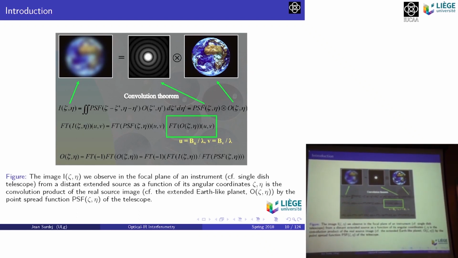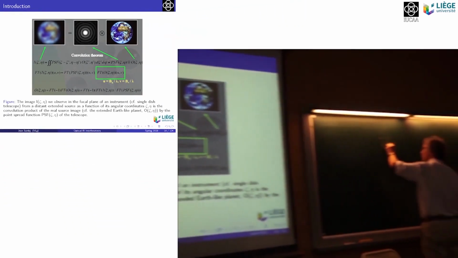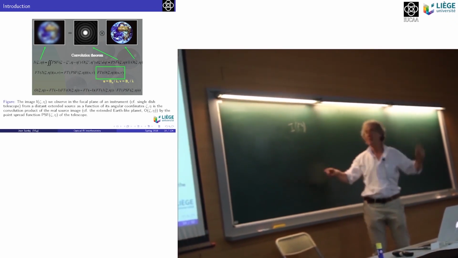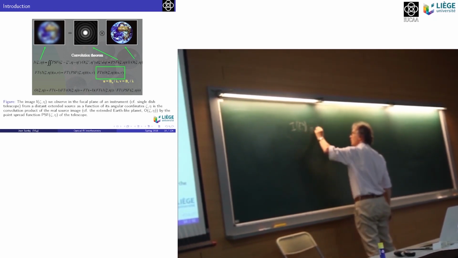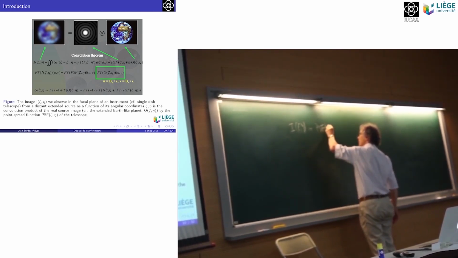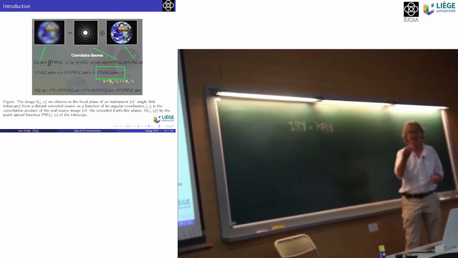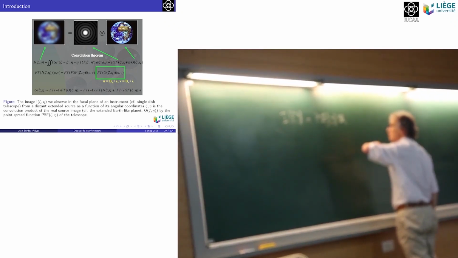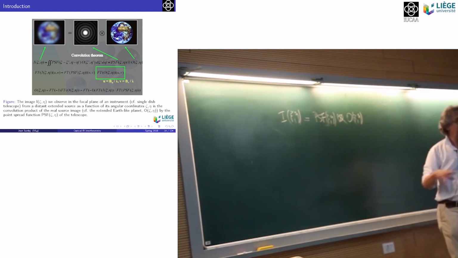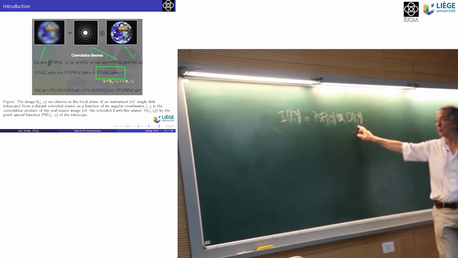So I may write it like that: the intensity distribution as a function of the angular coordinates in the sky, zeta and eta, is equal to the convolution product of the PSF, what you would see if the object is point-like, a star, with the ideal distribution of light of the extended object you are looking at. And this you don't know, of course. You only observe the left-hand side.